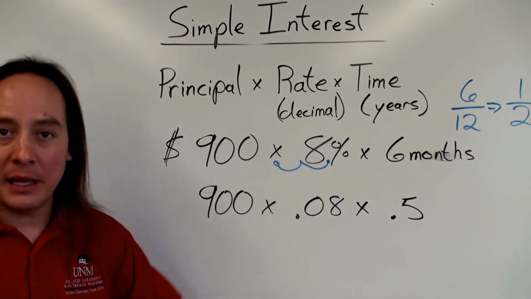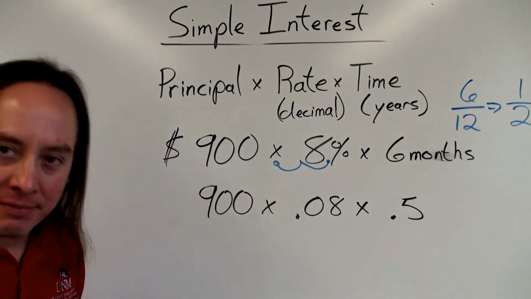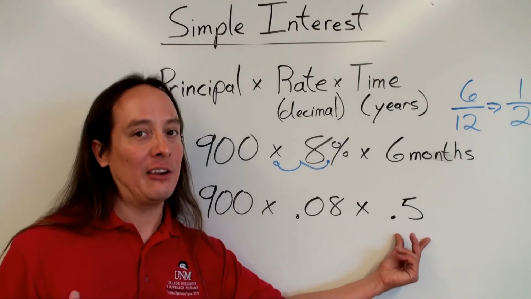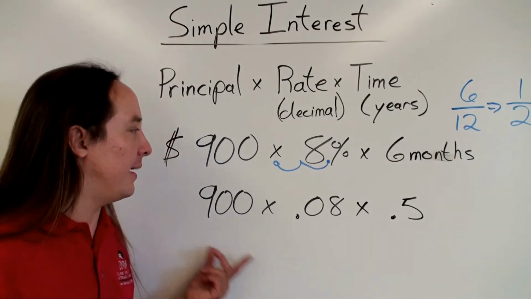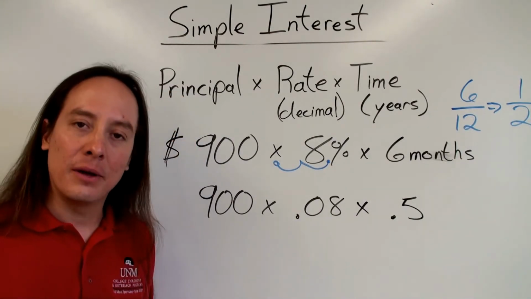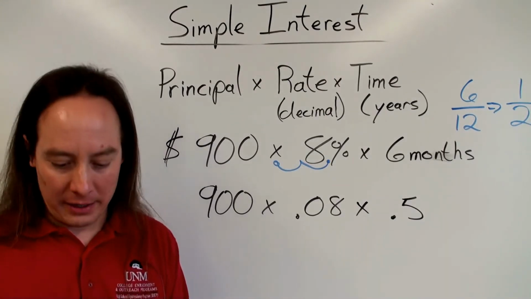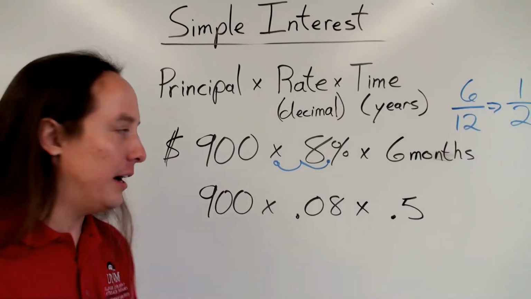When we do all these multiplications, I've had some practice with this. So 900 times 0.5 I can actually do in my mind, because that's basically saying what's half of 900, and that would be 450. Then I would write 450 times 0.08. I just lost my marker.